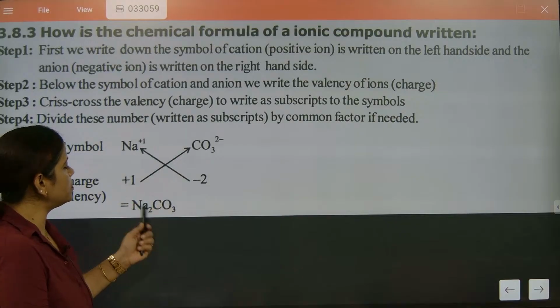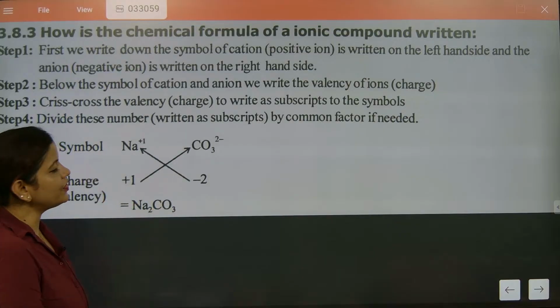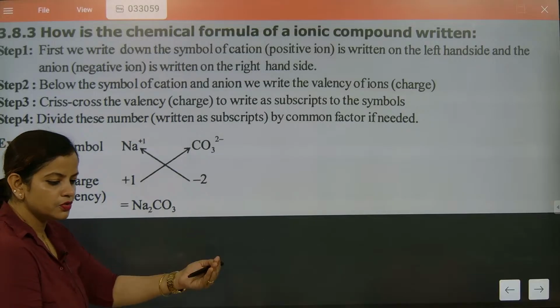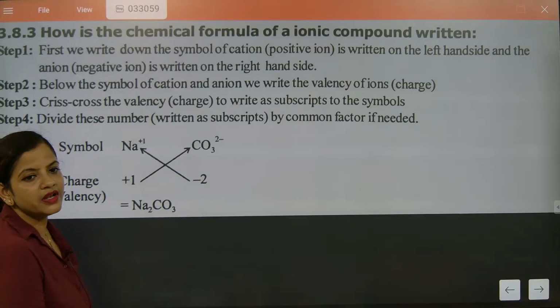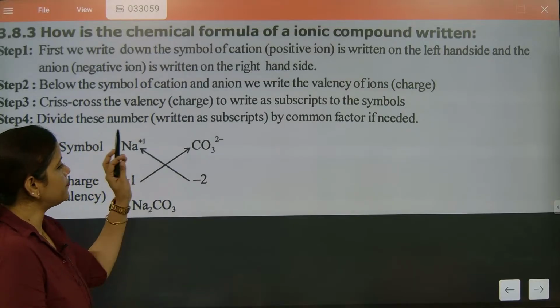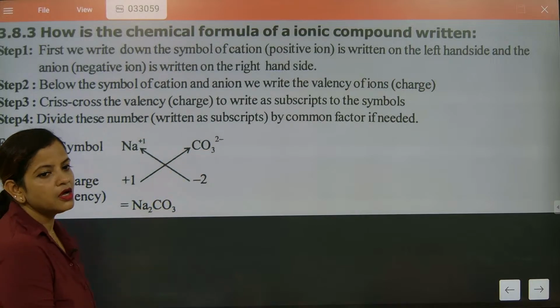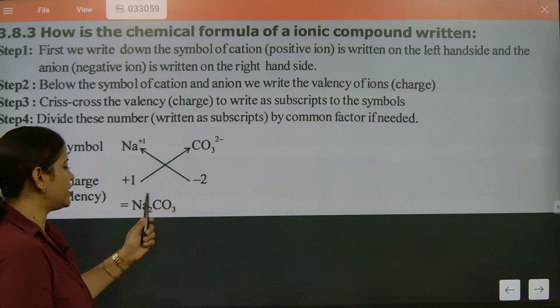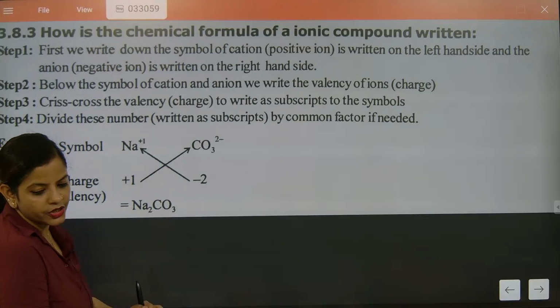Got it? Na2CO3. So how have we written it? Sodium carbonate. Understood? For Na2CO3, what are we writing? Na plus and CO3 2 minus. So the way we are writing, we do the cross, and it comes as Na2CO3.